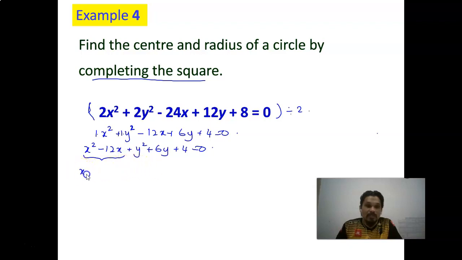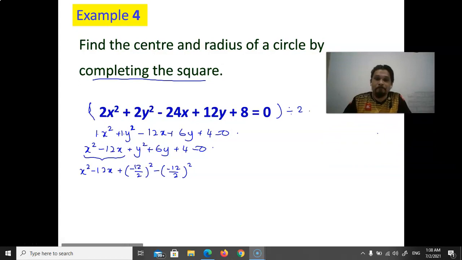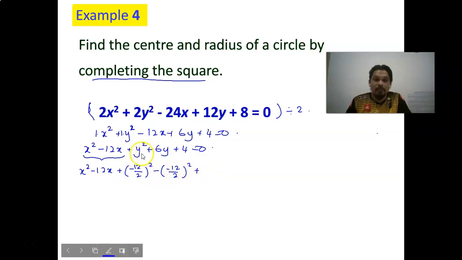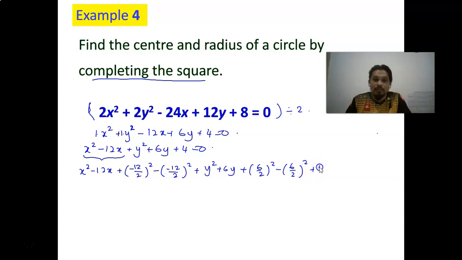For the first part here, x squared minus 12x plus (negative 12 divided by 2) squared minus (negative 12 divided by 2) squared. It's the turn for the y now. y squared plus 6y plus (6 divided by 2) squared minus (6 divided by 2) squared plus 4 equal to 0.